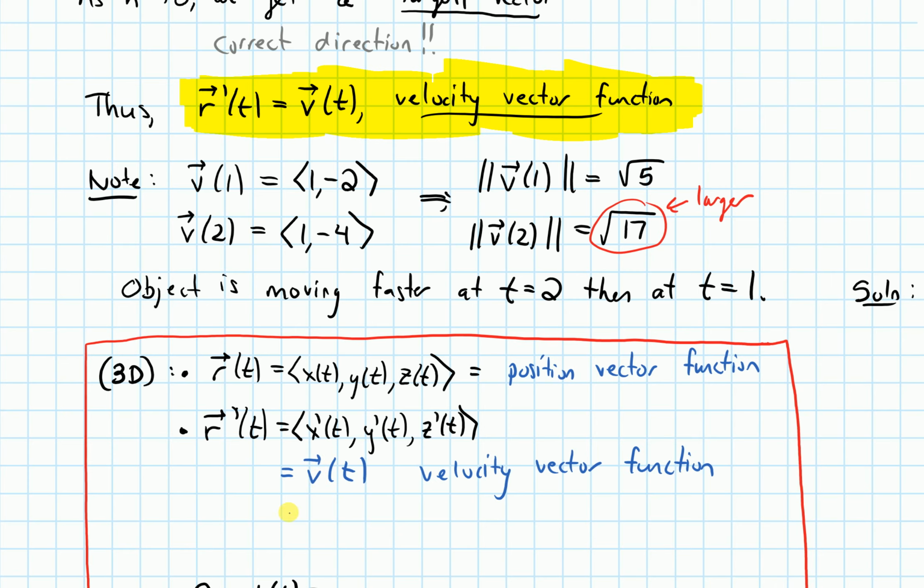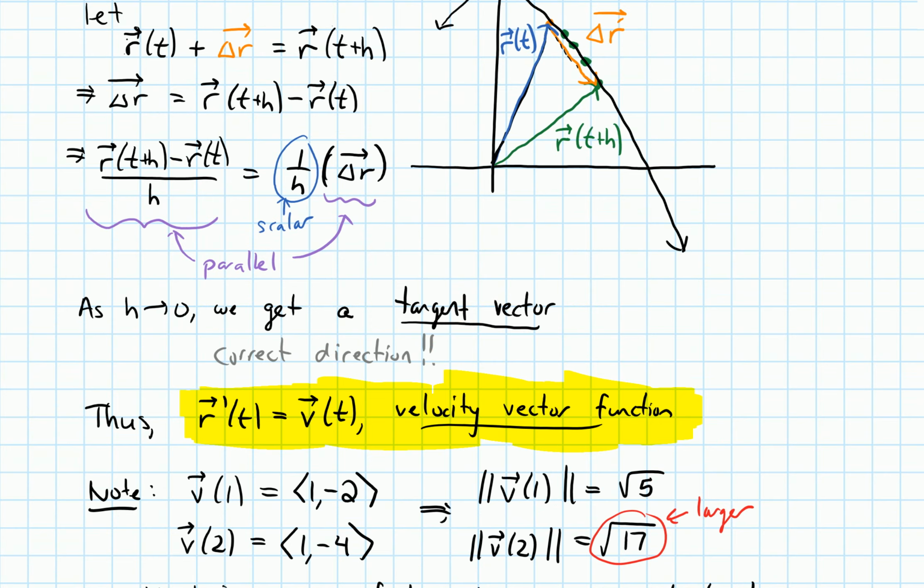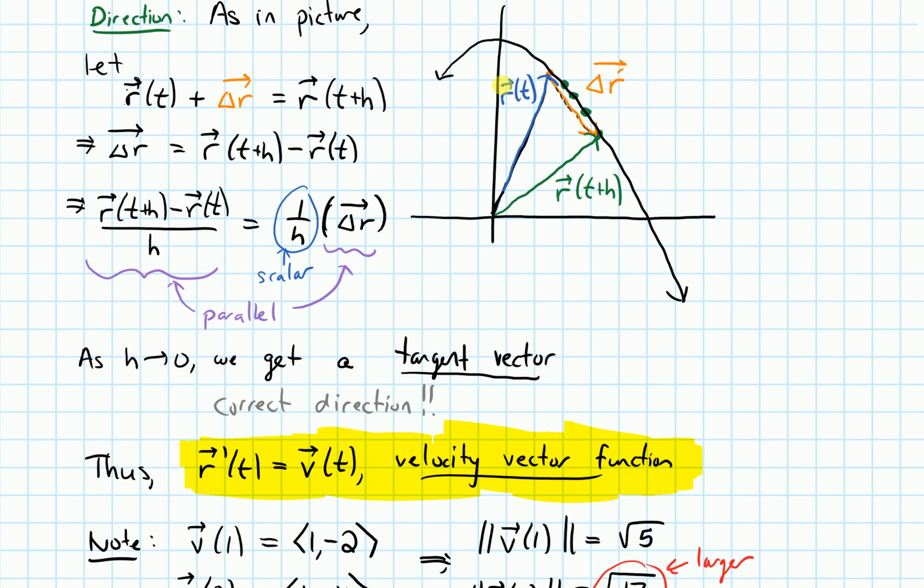And what we just showed is the velocity vector function is tangent to the position curve. By position curve, I mean if you take all of your position vectors, like this blue vector r of t and this green vector r of t plus h, and you trace out the path made by the heads of those vectors, that gets this position curve.